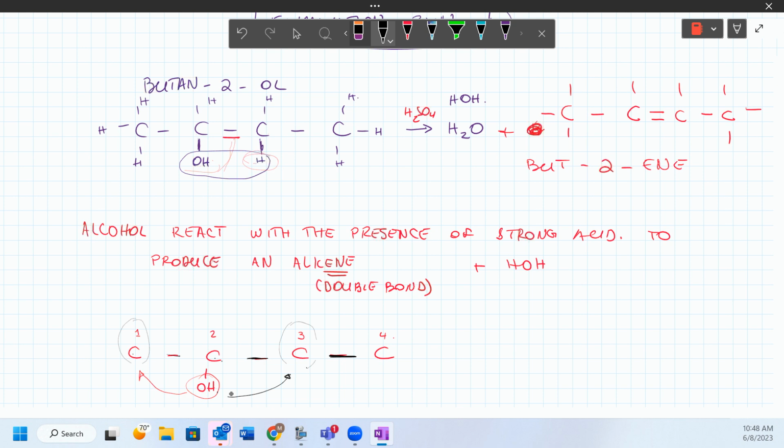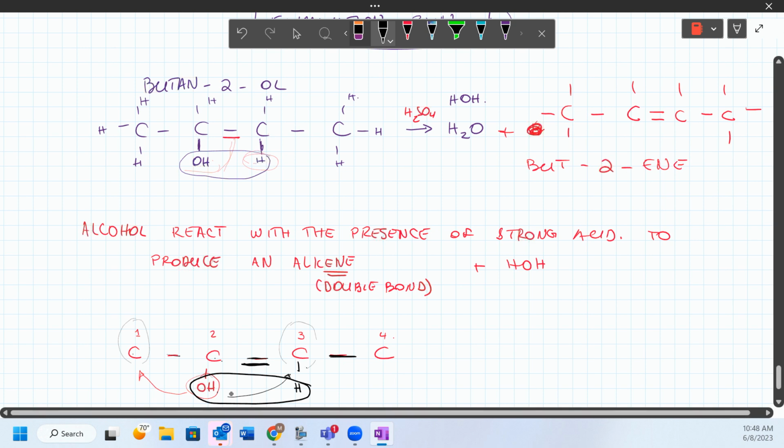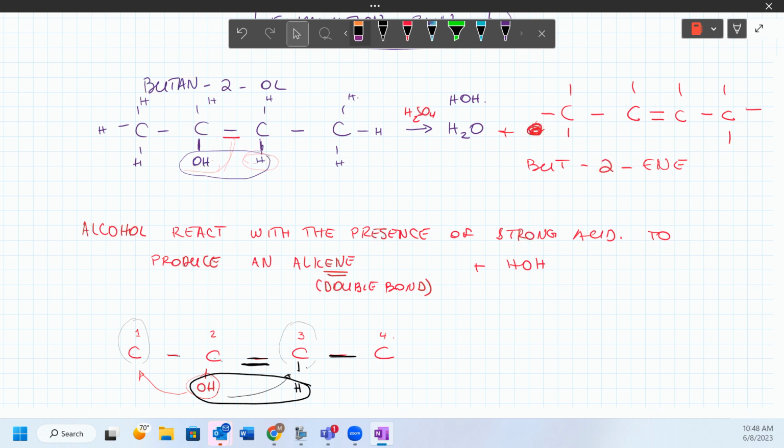This is why, when we are going with this hydrogen here, the bonds that are free become a double bond between carbon 2 and carbon 3, and not between carbon 1 and carbon 2. Okay, makes sense, guys?